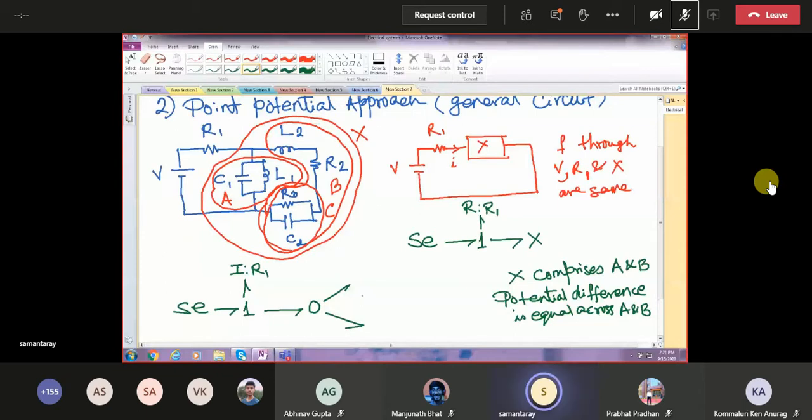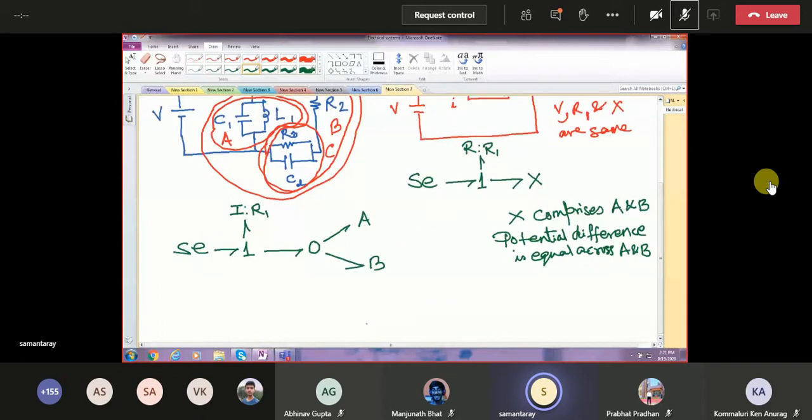Then we will break A and B further. What is A? A comprises R1 and L1 with the same effort, the same potential difference.